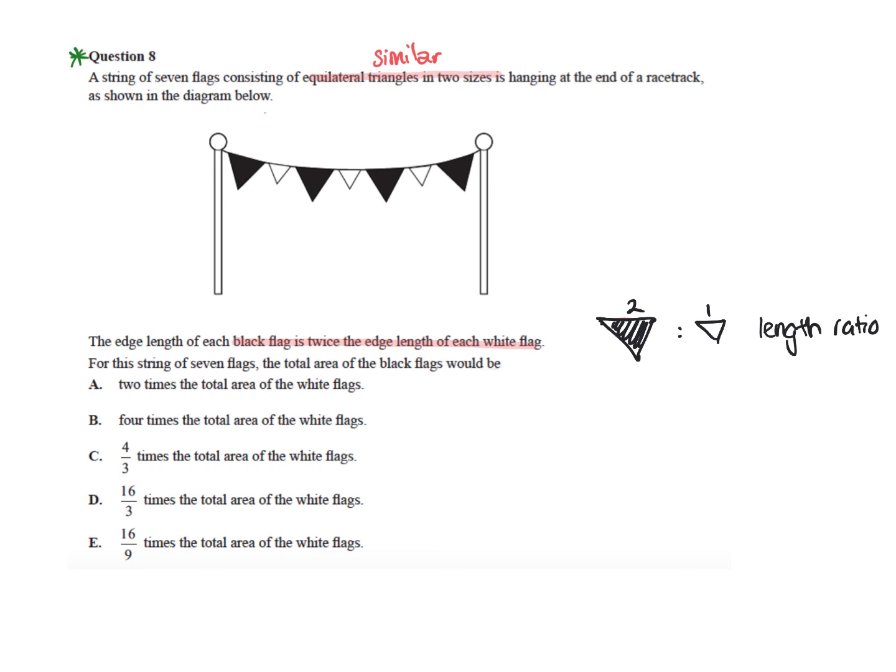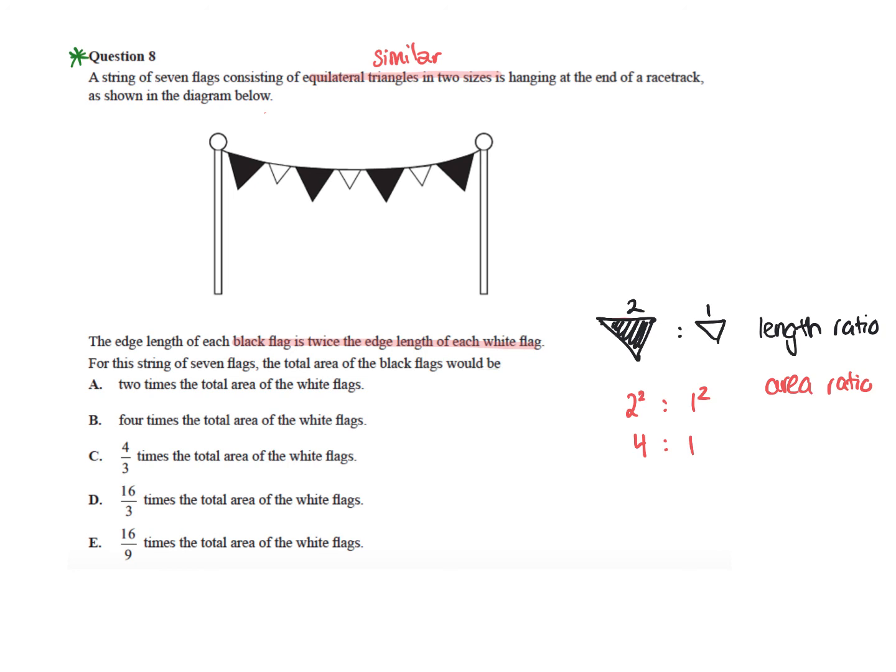Okay, now it says for the string of 7 flags, the total area of black flags would be, and then you can see in the answers they're comparing it to the area of the white, so they're using ratio language there. So first we find the area ratio, what the black flag is compared to the white, and remember we would square those numbers, so it's 4 to 1.